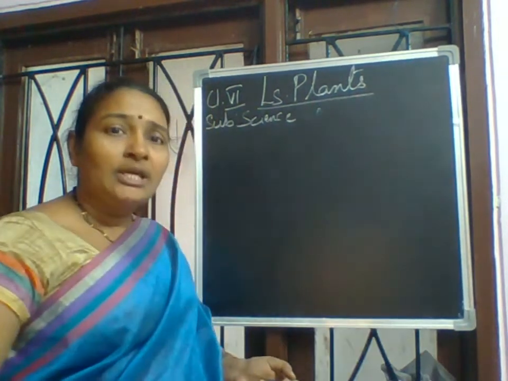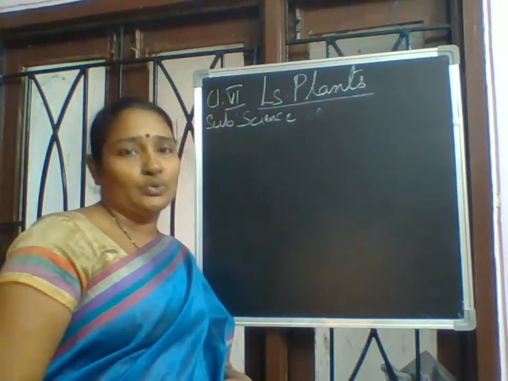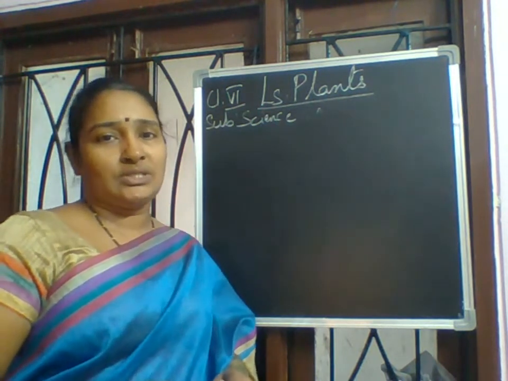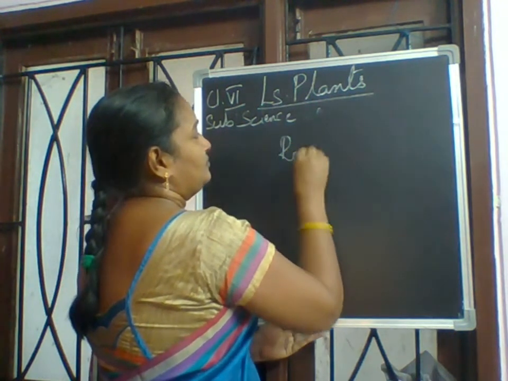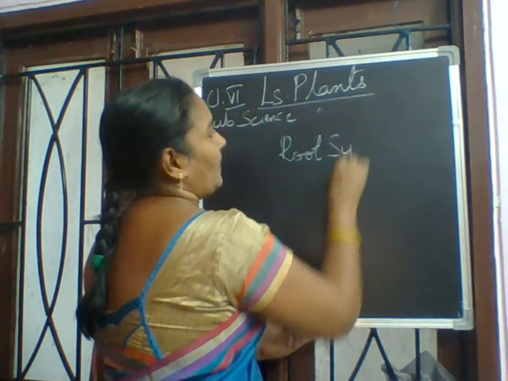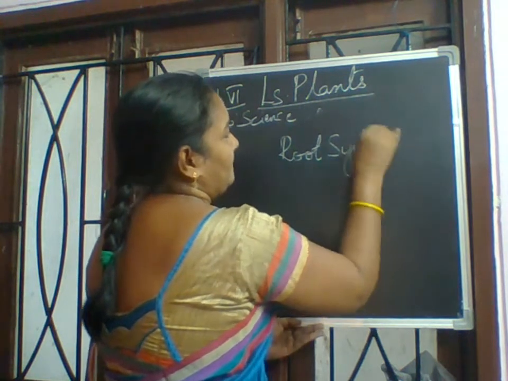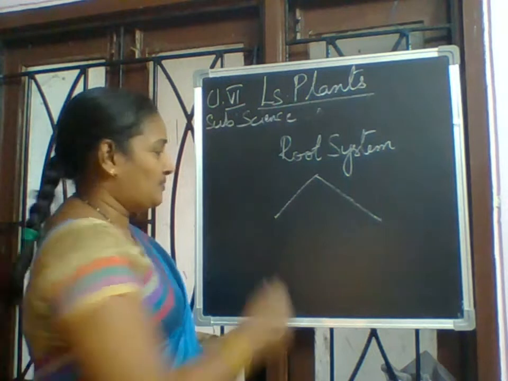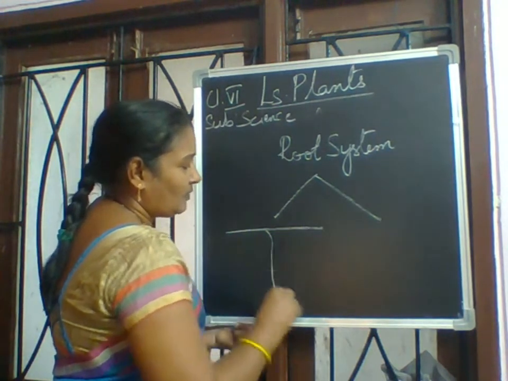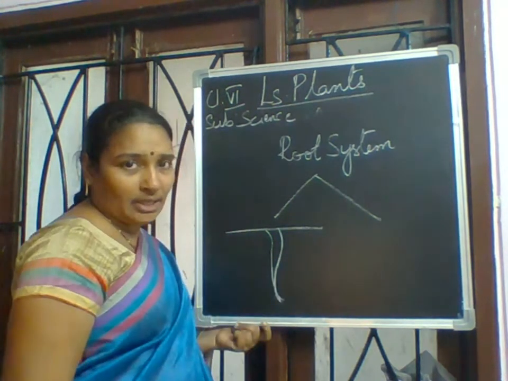Generally there are two types of root systems. In some plants, you will observe a main root in the middle.